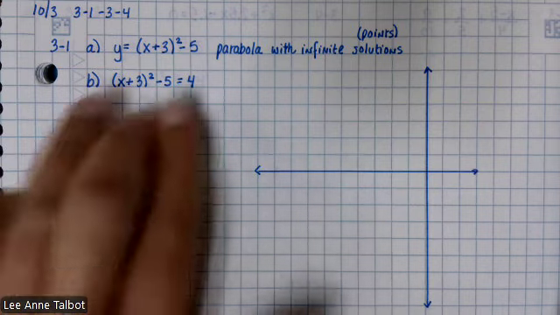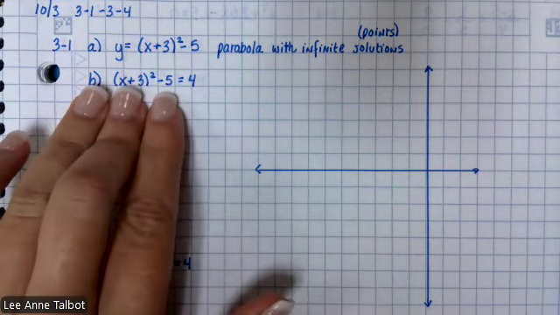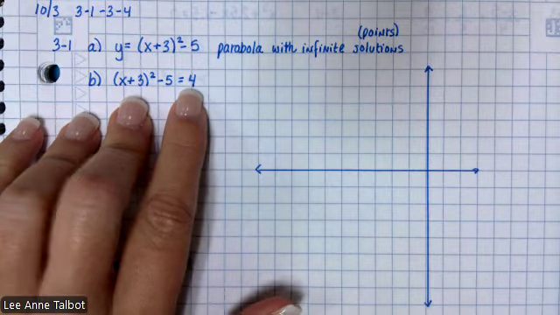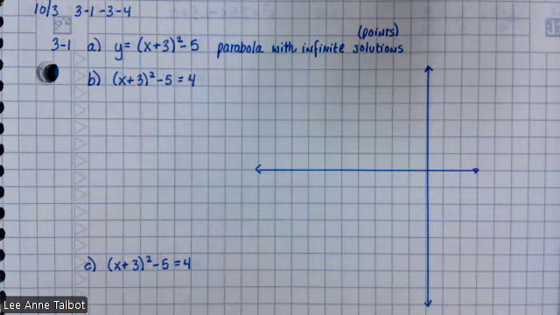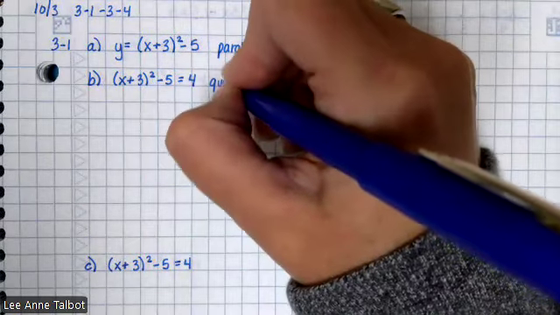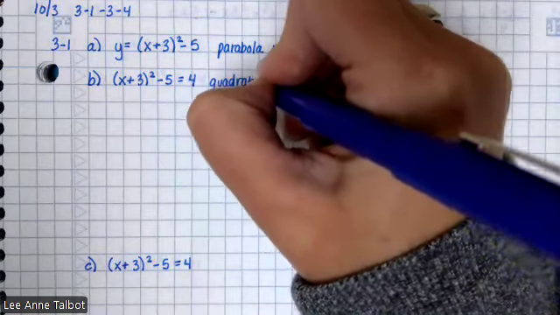Okay, so in B, I've now taken that same parabola and I've equaled it to a line. How many solutions are there to this equation? Two. Why are there two?